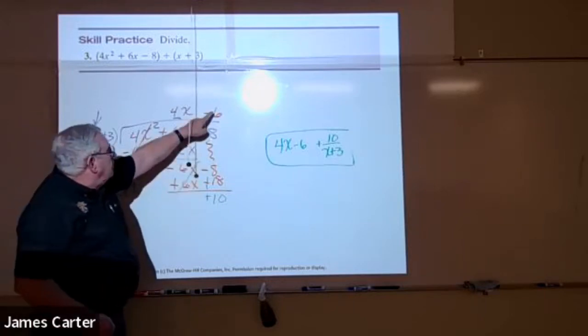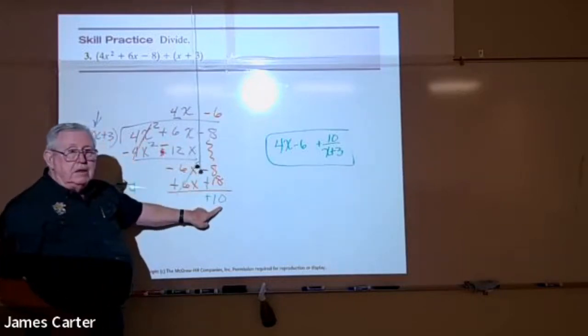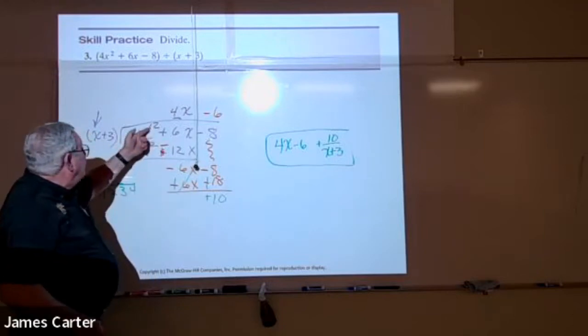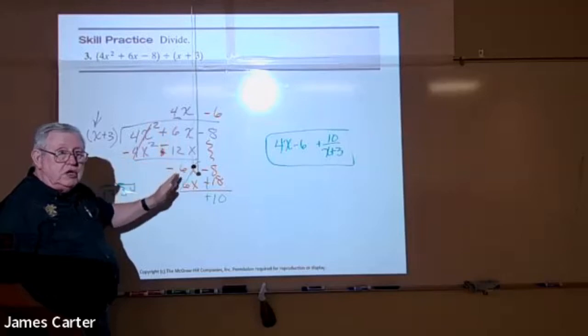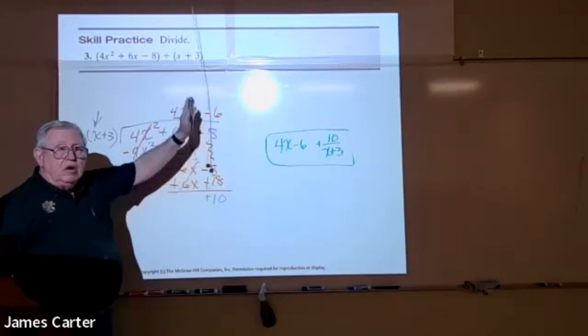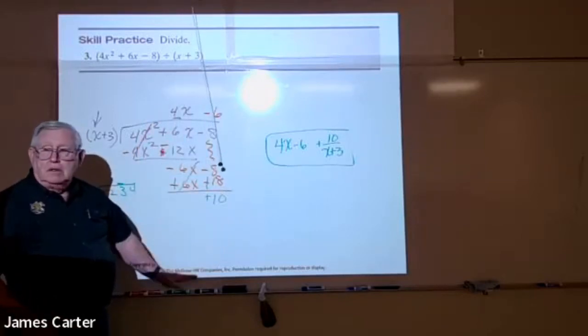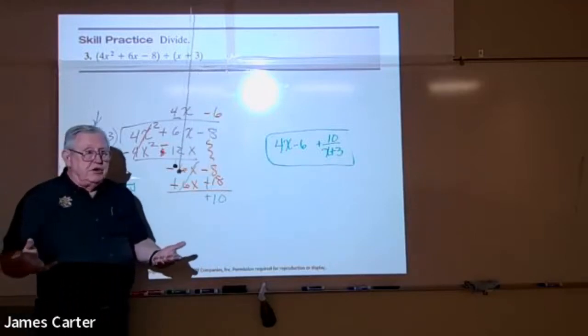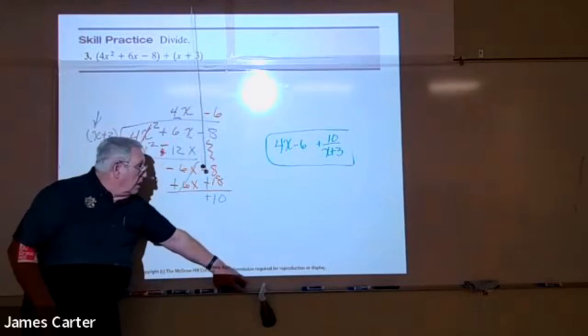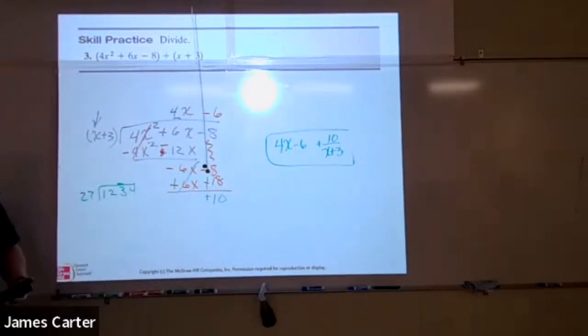My numbers align. What if I had an x to the 5th up here for my first term? By doing it the way I've shown you here, every power will align. Again, that's one of those prevention of error things. Any questions about this problem?